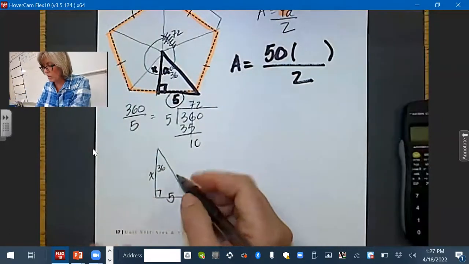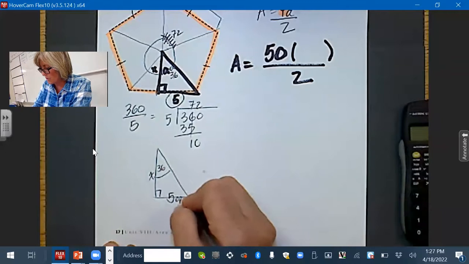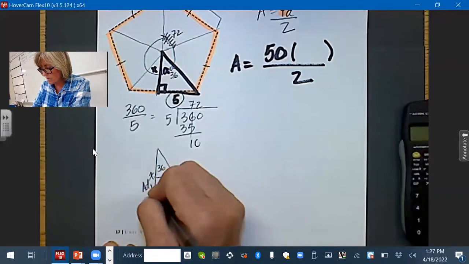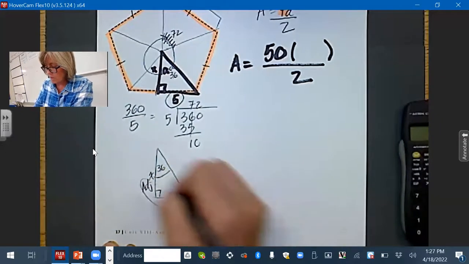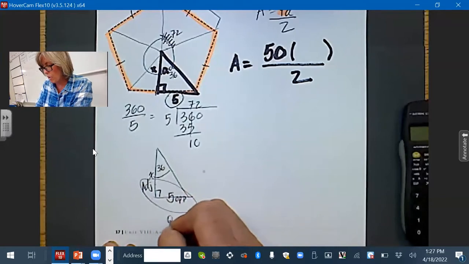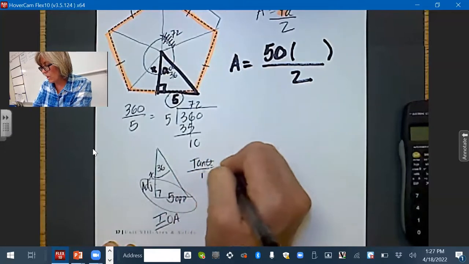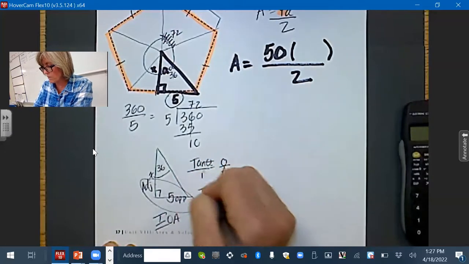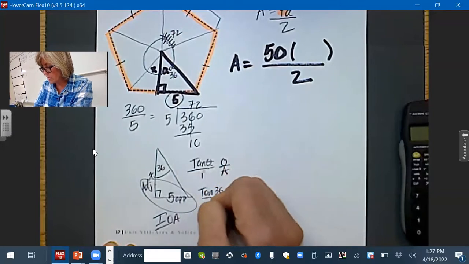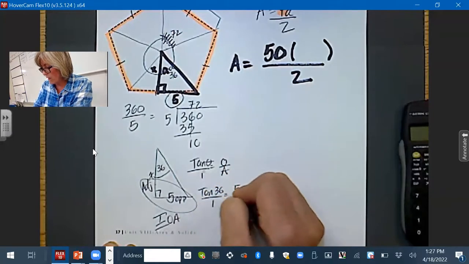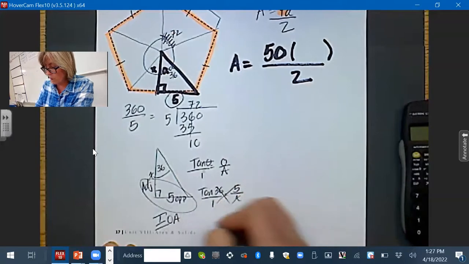So taking a look here from the 36, this is opposite. This is adjacent. It is an OA combo. That's TOA. Tangent of theta over 1 equals opposite over adjacent. Tangent 36 equals 5 over x. Cross multiply.